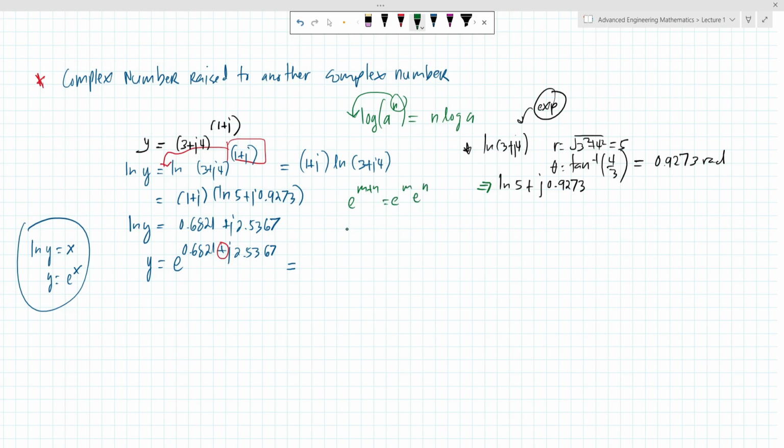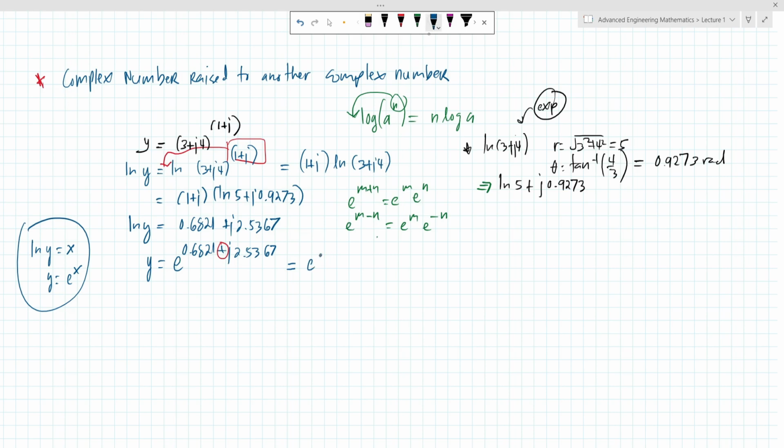If you have e raised to m minus n, that is the same as e raised to m times e raised to negative n. Whether it is plus or minus, you just separate and include the sign with the other expression.